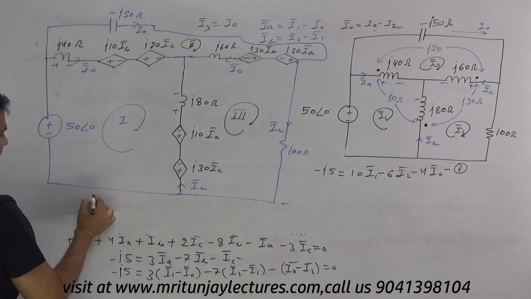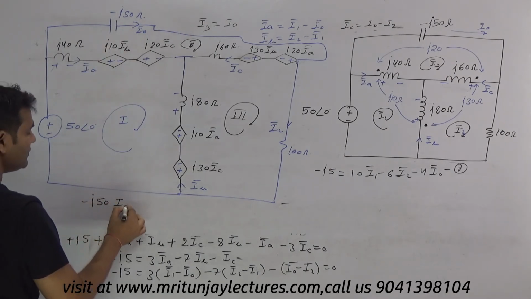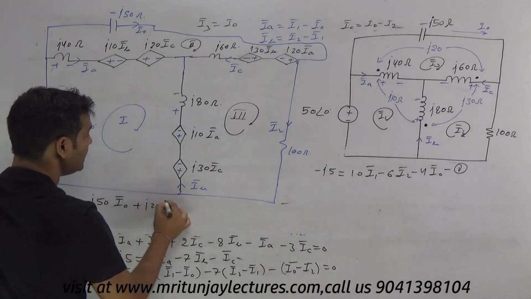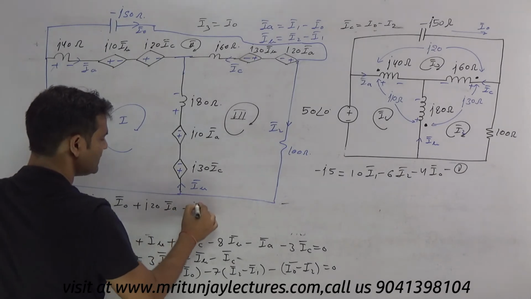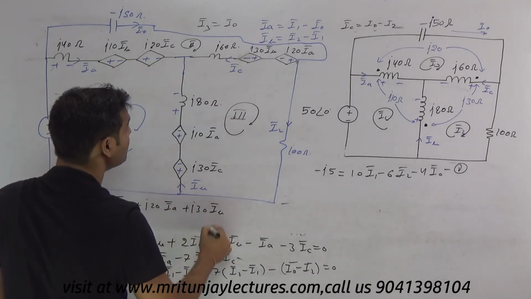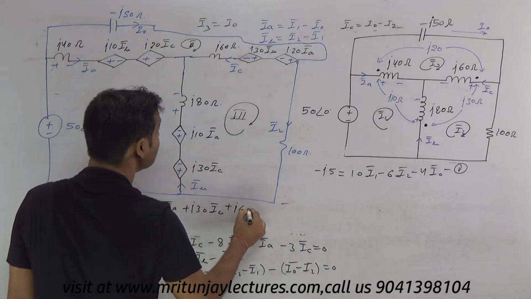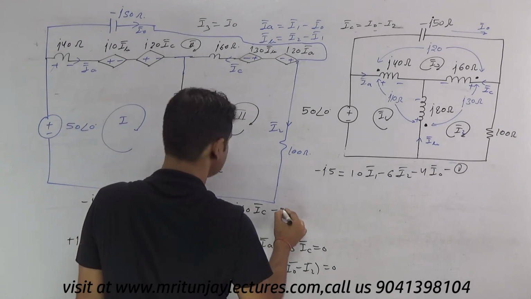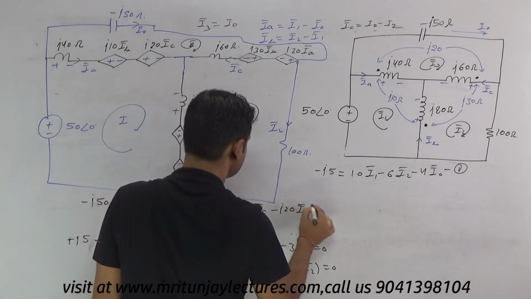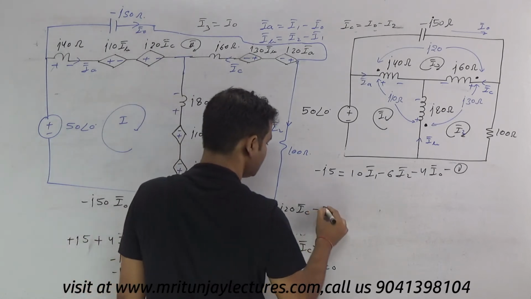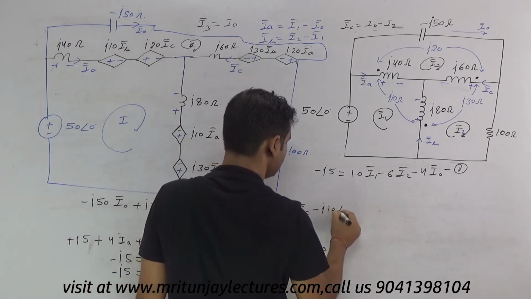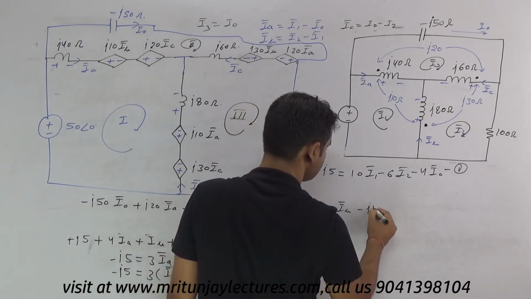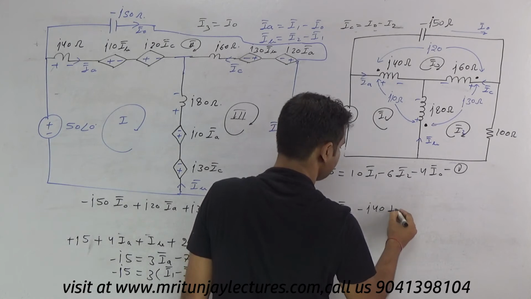Minus j50 into I naught plus j20 IA plus j30 IB plus j60 IC minus j20 IC minus j10 IB and minus j40 IA.